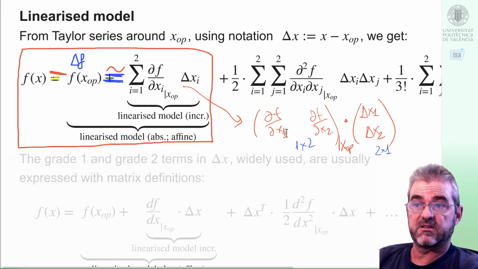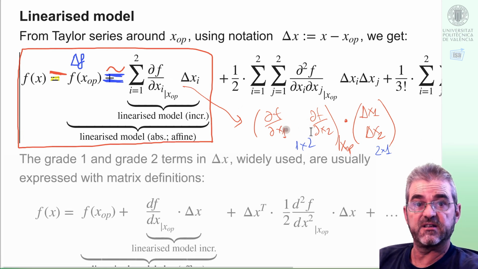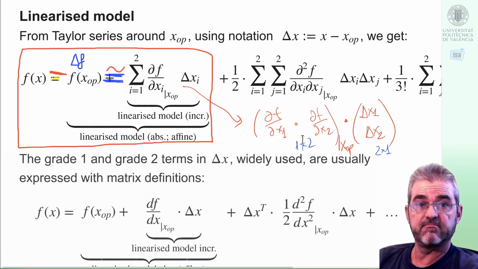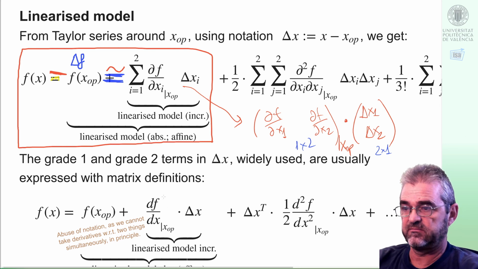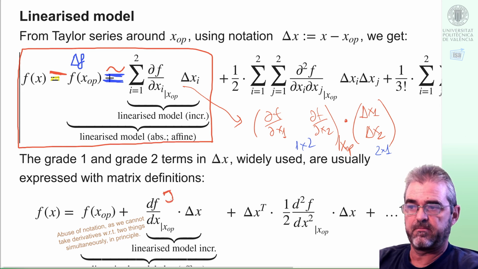And then this left stuff is named Jacobian matrix, that I will, abusing the notation, denote as df/dx, or we may also use capital J if you wish.